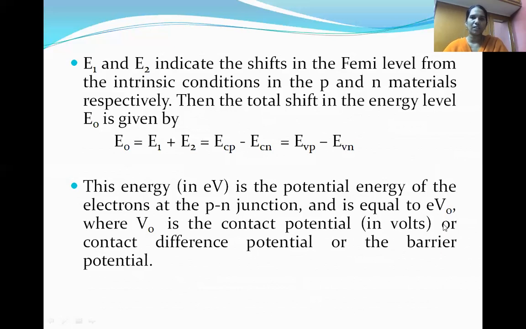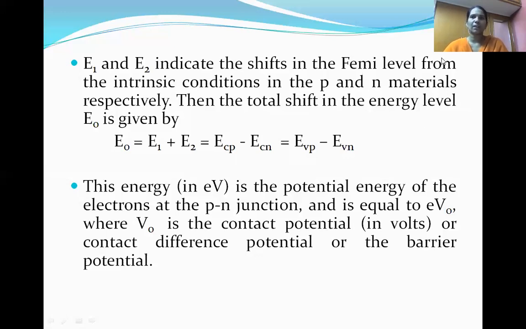This energy is the potential energy of the electrons at the PN junction, equal to eV0, where V0 is the contact potential, the potential difference or the barrier potential.